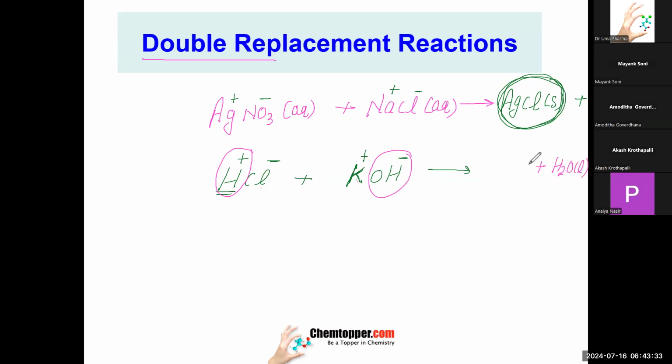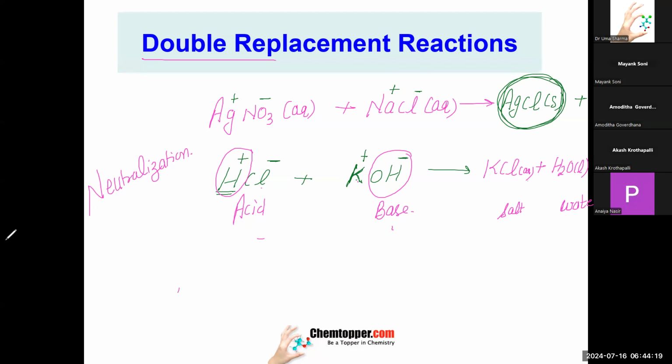And this K plus will go to Cl minus to form KCl. See, this is an acid-base reaction. Water and KCl. Yes, Mayank. Good. Akash, good. They are soluble. This is acid. We know that. This is base. We know that. Acid and base react to form salt, an ionic salt, and water. It's also called a neutralization reaction. It is also called double displacement and is also called an acid-base reaction. 3 names. Is it okay?